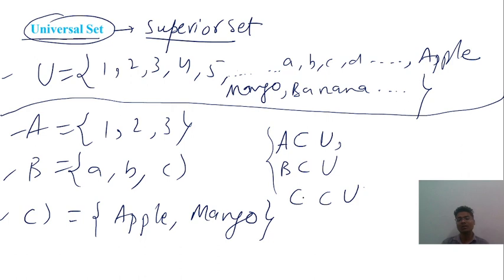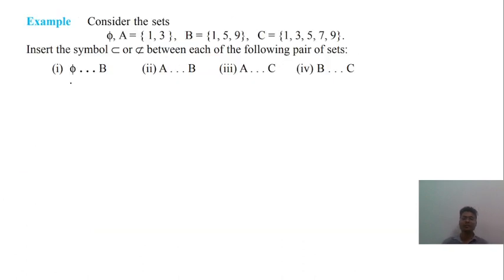So if all the other sets can be considered as subsets of a set from where all the elements can be taken, that set is known as the universal set, and we generally denote the universal set by capital U. We will try to solve some questions on the basis of what we have learned so far.